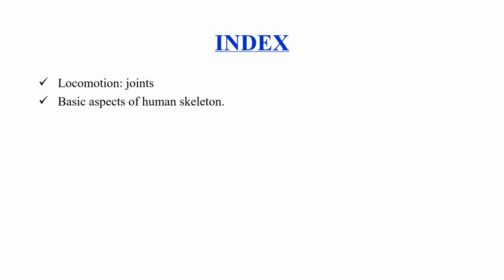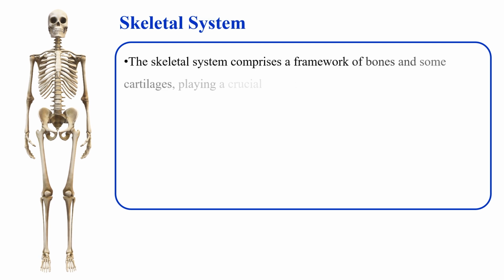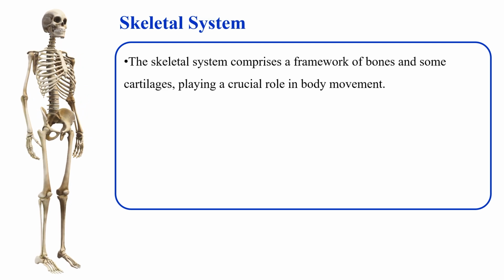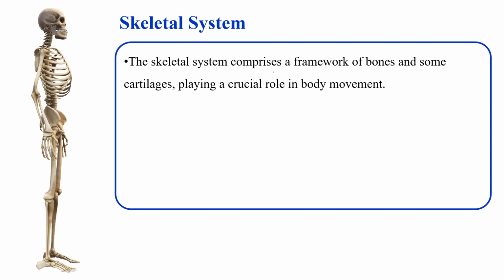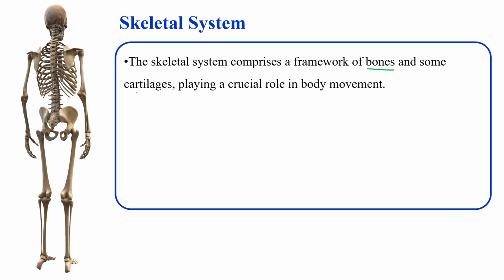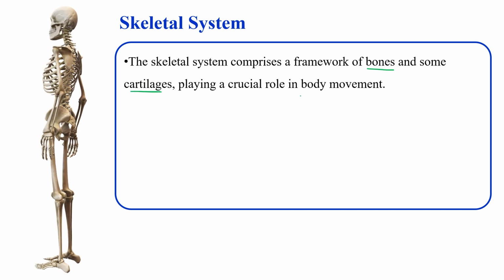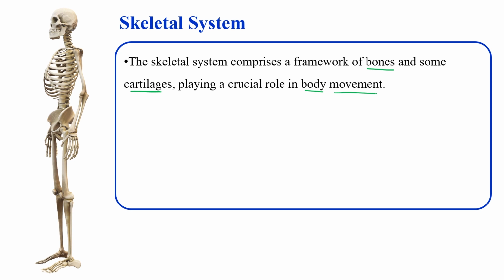In today's video lecture, we are mainly focusing on two topics, locomotion, mainly joints, and basic aspects of the human skeleton. Okay, so the human skeleton system. Our skeleton system comprises a framework of bones and some cartilages, which play a very crucial role in body movement.